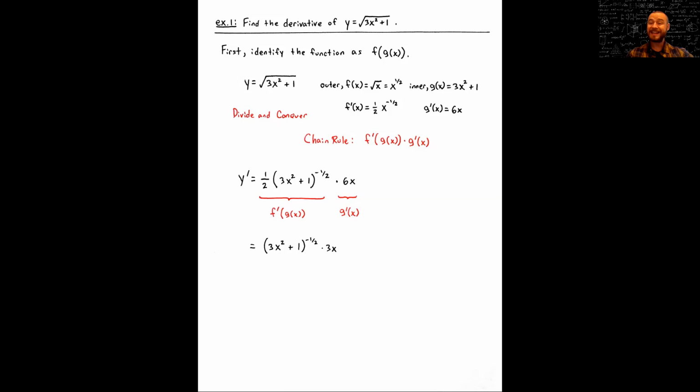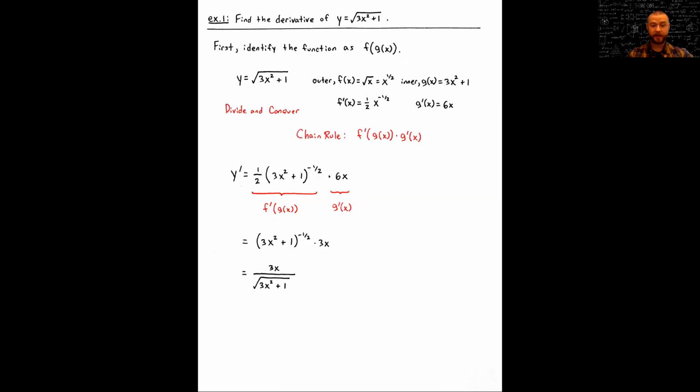So we can put the negative 1/2 power as a factor in the denominator. And a 1/2 power, we can think of that as a square root. Okay, so we get our answer here, rewriting this as 3x divided by the square root of 3x squared plus 1.